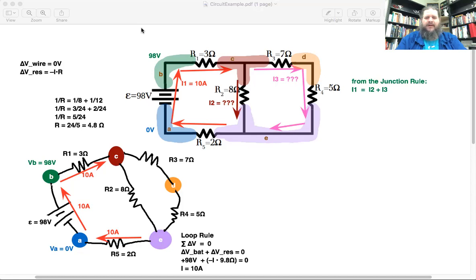I times R equals what? If you go back to the formulas we've got up here, current times resistance tells you the delta voltage, how much the voltage changes from one end of a resistor to another. So for resistor 1, for instance, we know the resistance is 3 ohms and the current is 10 amps. If you multiply those together, what do you get?